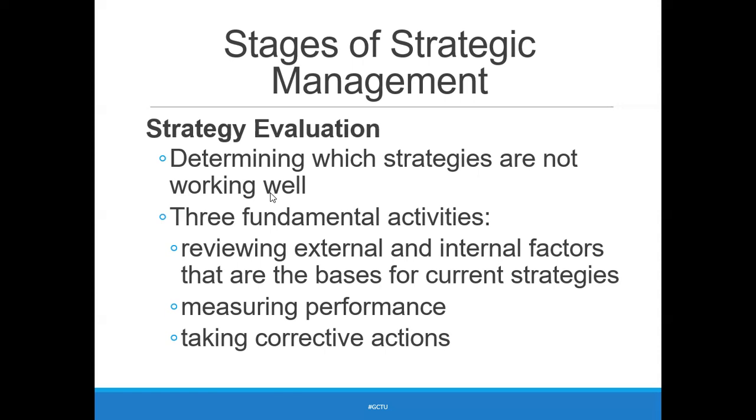Rather, in the course of your actions, you can modify and adapt it in order to get the best out of the plans that you are implementing. So there is this back and forth activity that managers assume whenever they are engaging in a strategic management process.